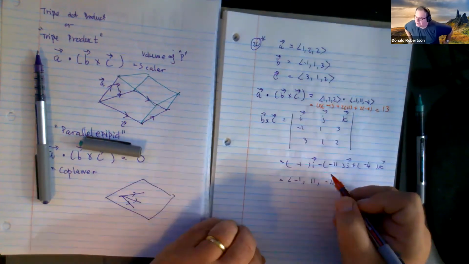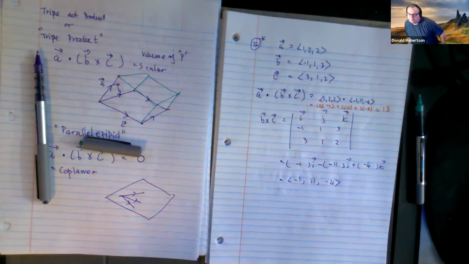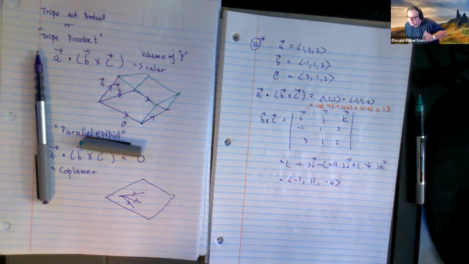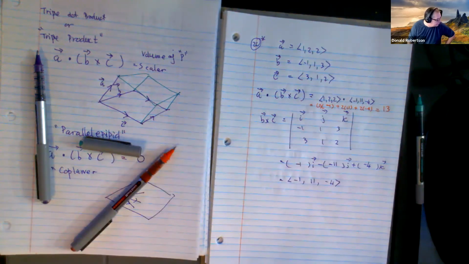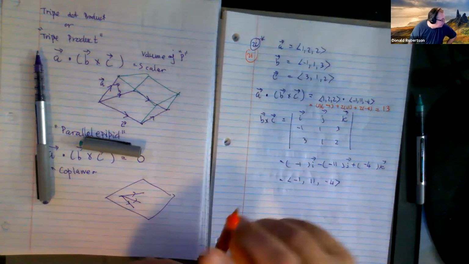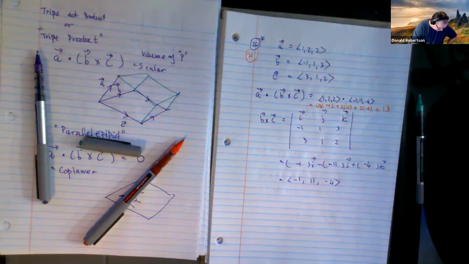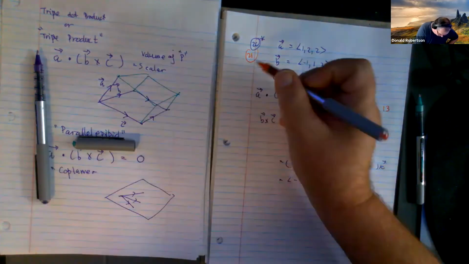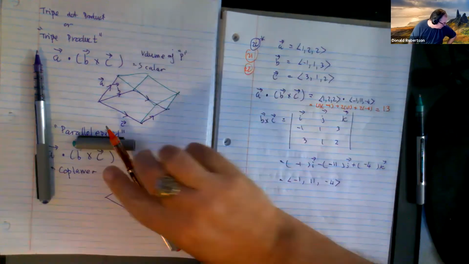And I got it right, it's 13. So the volume of the parallelepiped would be 13 cubic meters, whatever the units happen to be. Question 21 is a parallelepiped question, and 22 is a parallelepiped question.